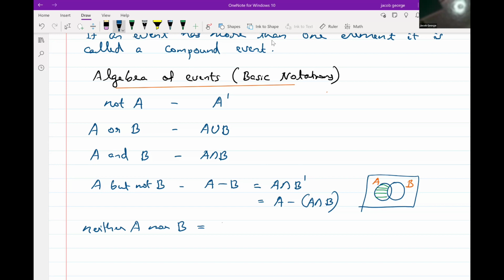Neither A is not there, A complement, and B is not there, intersection B complement. So that we calculate like this: A complement intersection B complement. By De Morgan's law, it is the same as A union B the whole complement. In the chapter set, you have studied this one. Neither A nor B means it is A union B the whole complement.